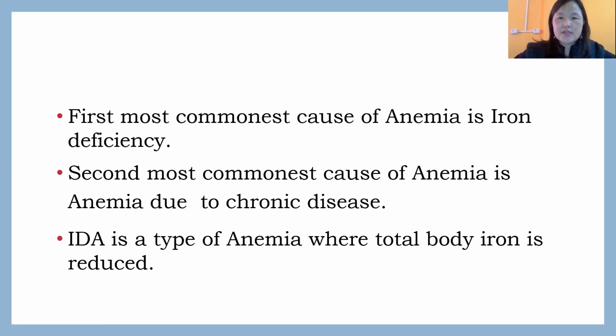So iron deficiency anemia is the most common form of anemia worldwide, and it is followed by anemia due to chronic disease. In iron deficiency anemia, there is a loss of total body iron, or total body iron concentration is reduced in the body.